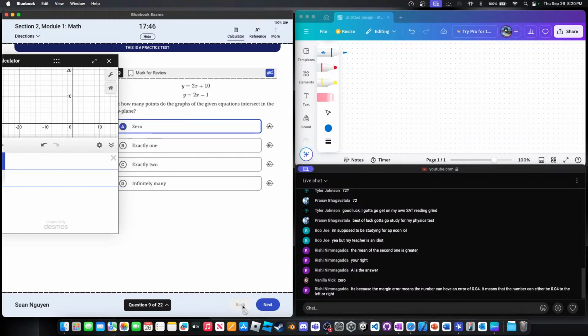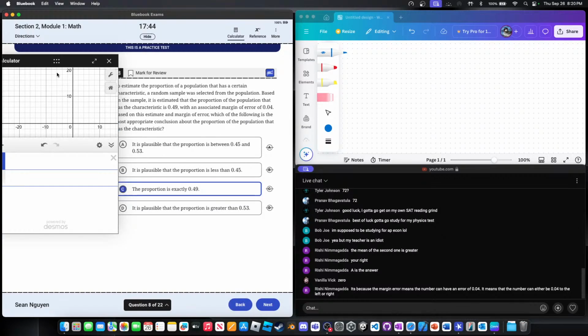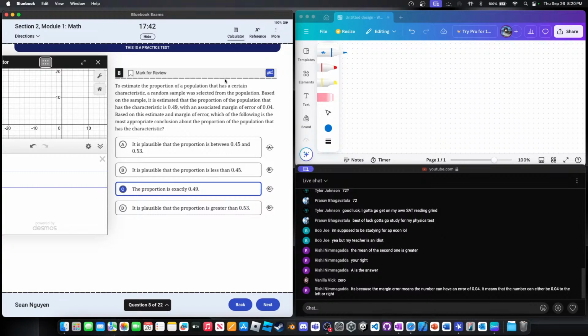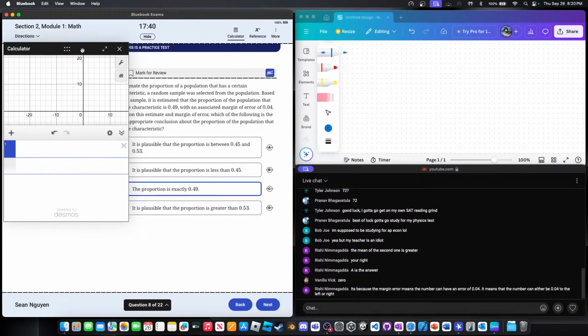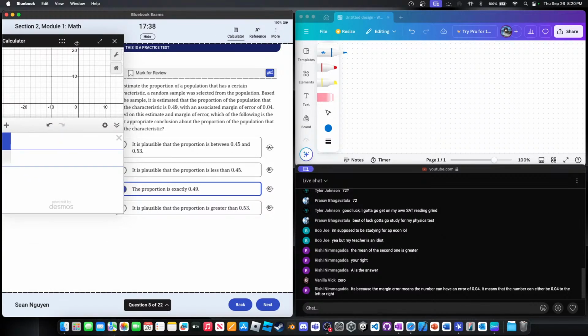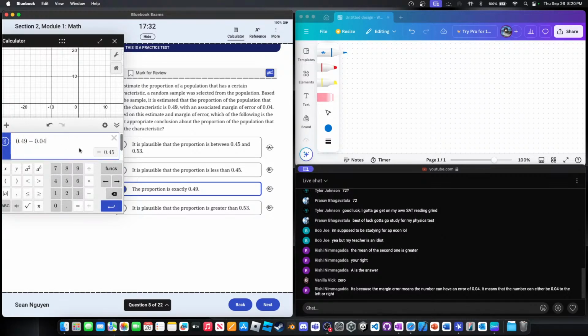Yeah, the margin of error is very small. So that means it's going to be very near 0.49. Okay, let's actually add and subtract from 0.49. 0.49 minus 0.04. Oh, wait, I think I overestimated how small 0.04 was.